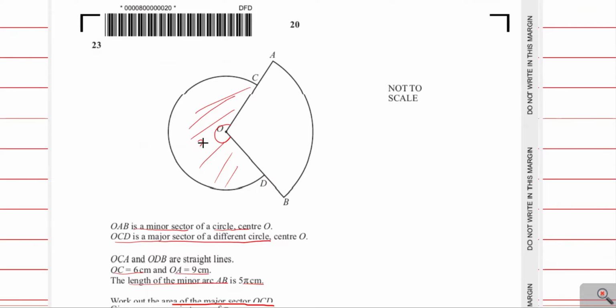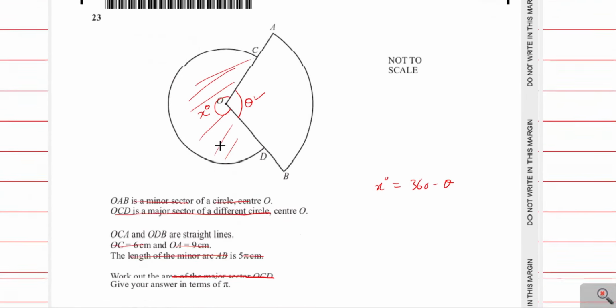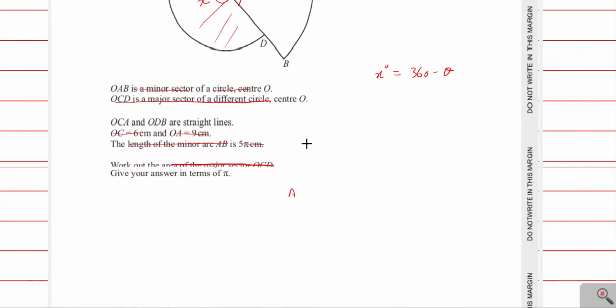And this angle, we name it x degrees. And the remaining angle AOB, we name it theta. If we calculate this angle theta, x degrees will be equal to 360 minus theta.